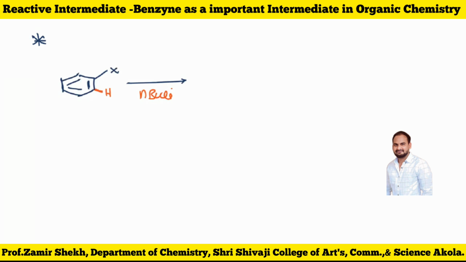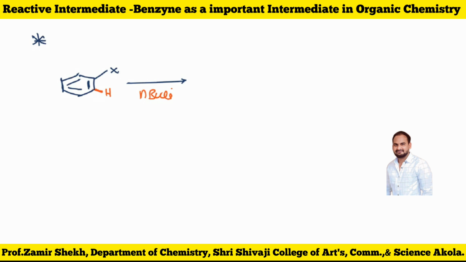You know that the main condition is what? If you take the halo compound, there should be an ortho hydrogen with respect to X. If, for example, this position is occupied by methyl and this is also occupied by methyl, then there will be no reaction. Why? Because the base should abstract the proton which is adjacent to the halogen. That's why the ortho hydrogen is the necessary condition to prepare benzyne from halobenzene.